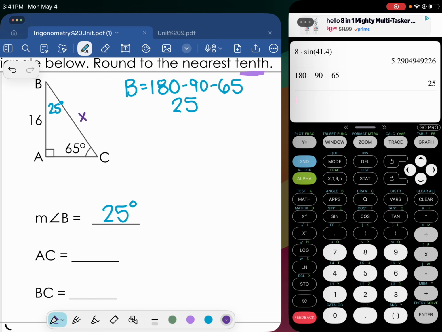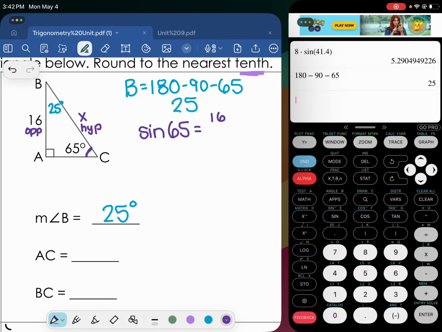If I want to find that one, and I'm going to use angle C, which is 65, this would be my opposite, this would be my hypotenuse. Which trig function uses opposite and hypotenuse? Sine. So sine of 65 equals opposite 16 over hypotenuse x.